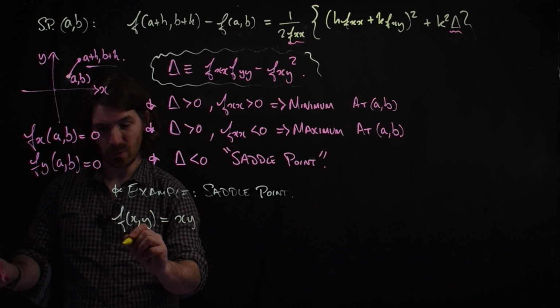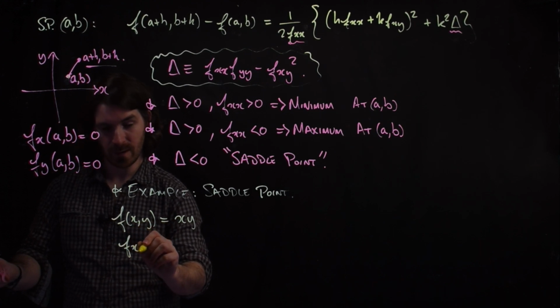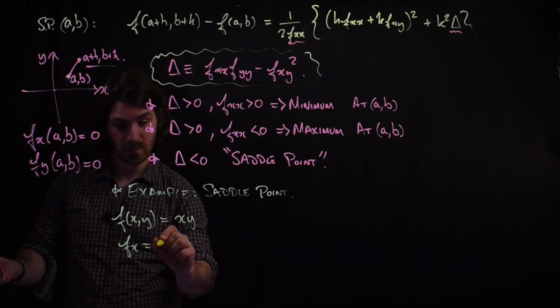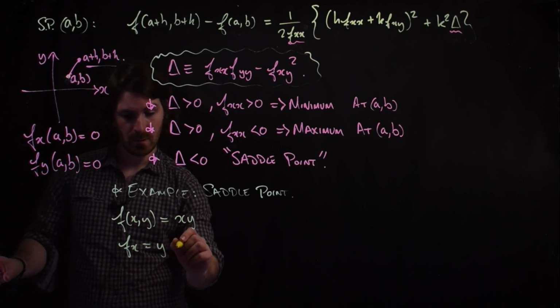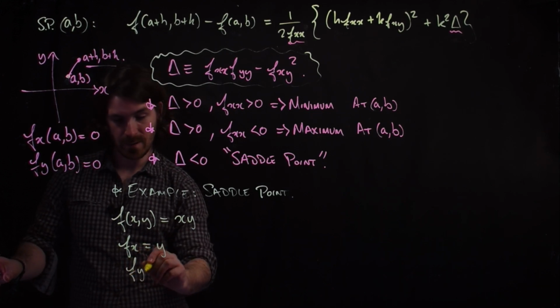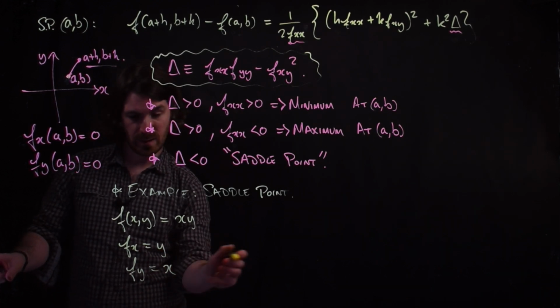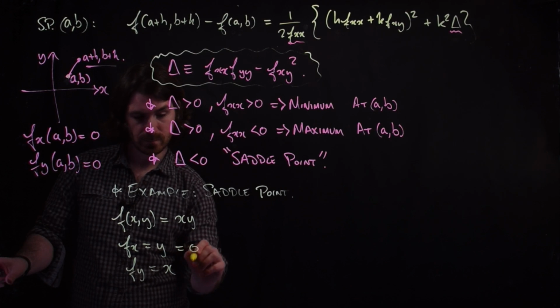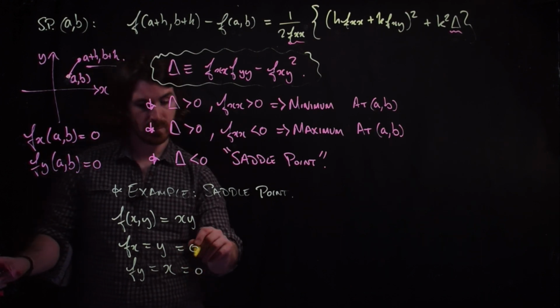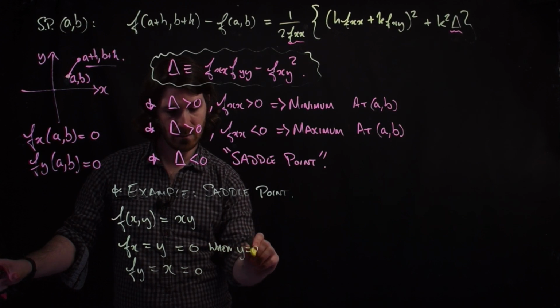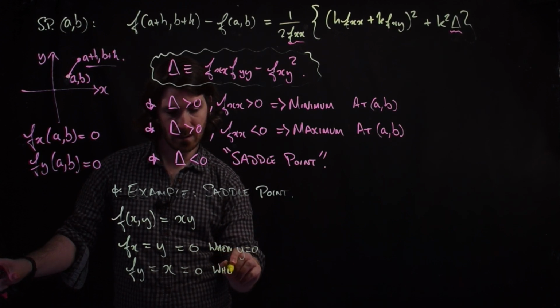Okay, so we want to think about the stationary point of this. So the stationary points are when f_x, which in this case is y, and f_y, which in this case gives us x, when these are 0. Okay, this is 0 when y equals 0, and this is 0 when x equals 0.